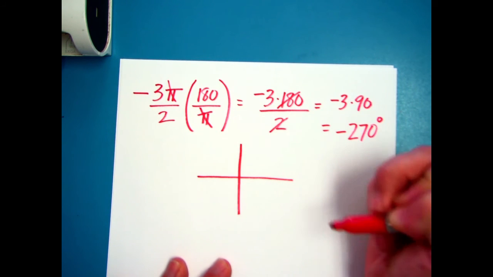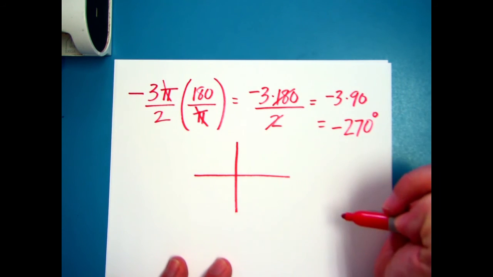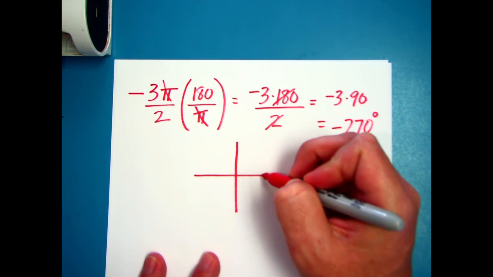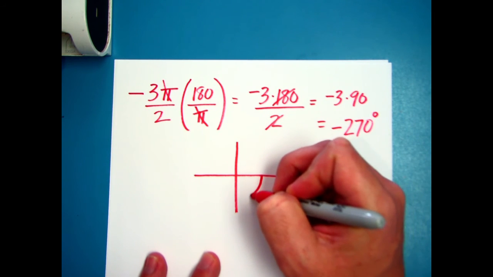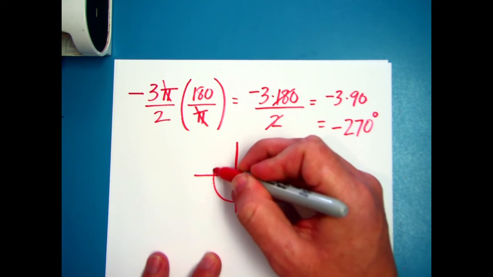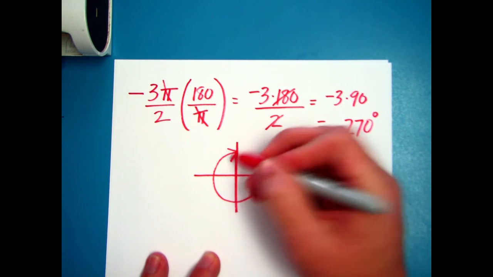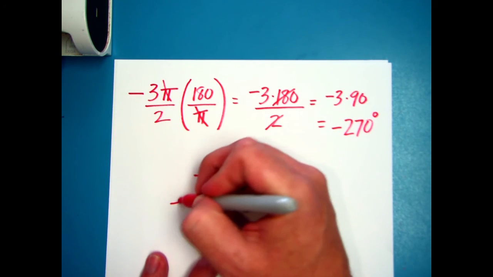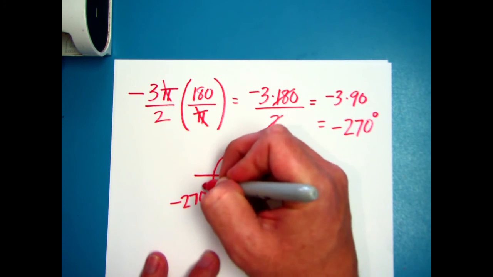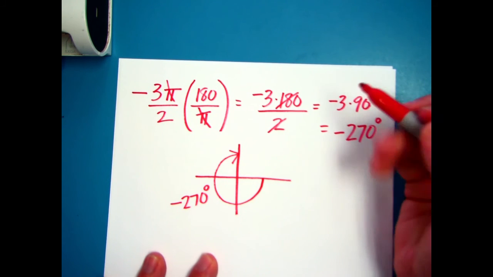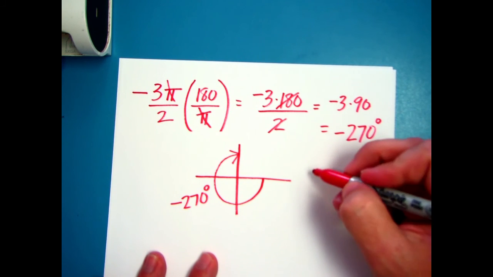Since we have a negative angle, we're going to move clockwise. Negative angles move clockwise. Starting at our initial side, we move negative 270 degrees. That puts us directly upward.